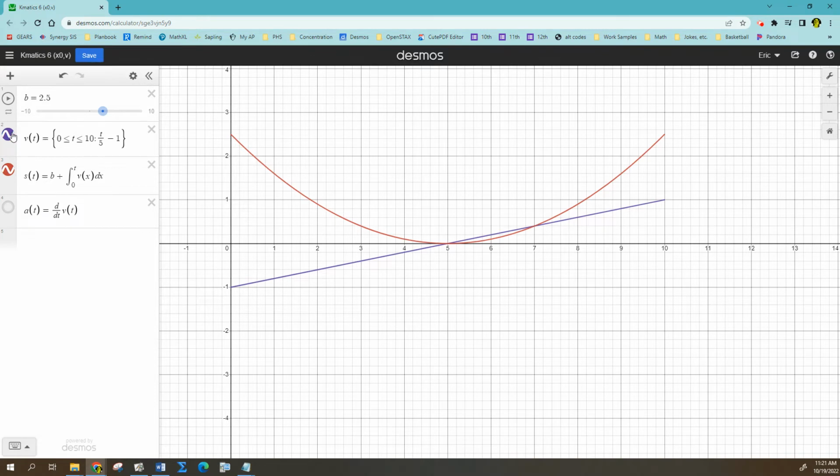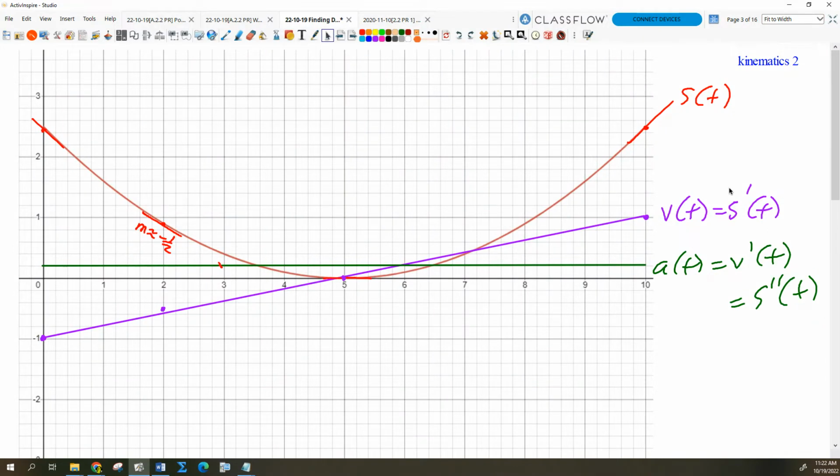Well, there's velocity. There's acceleration. Okay, question? Can you explain, for the purple line, how did you get one and negative one again? Yeah. So how did we get one and negative one?